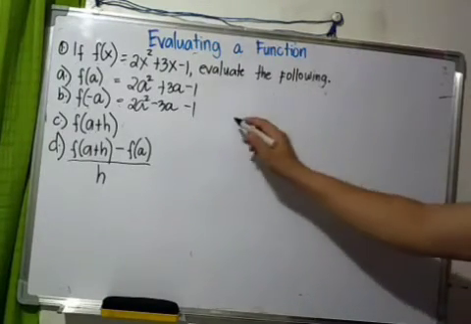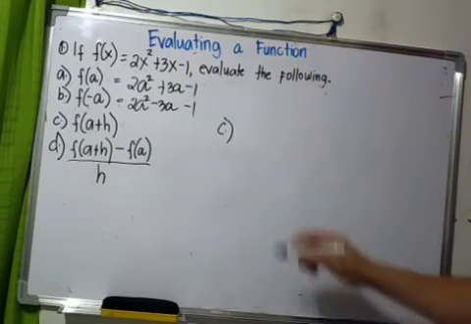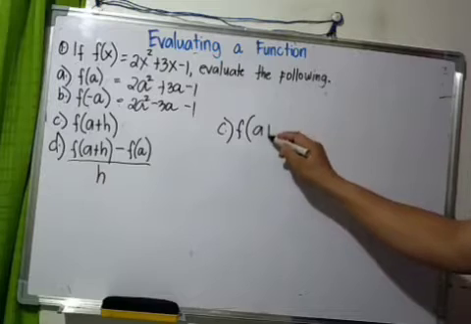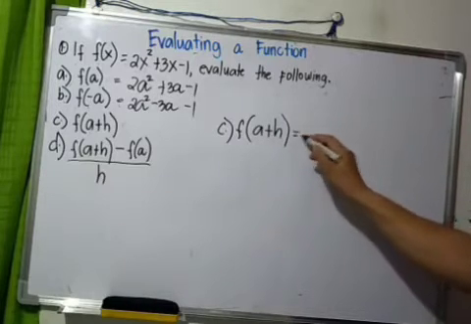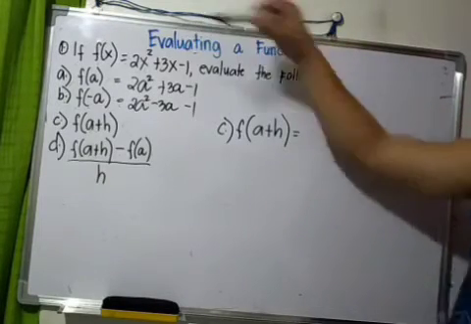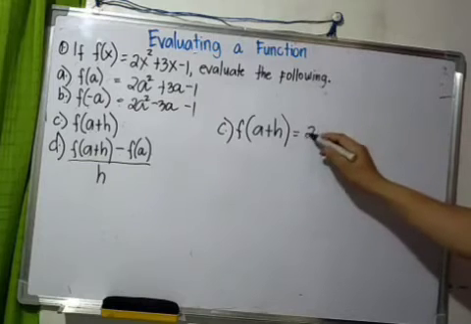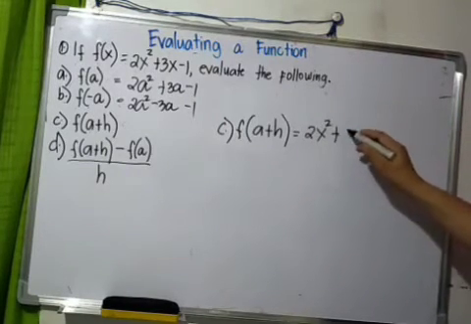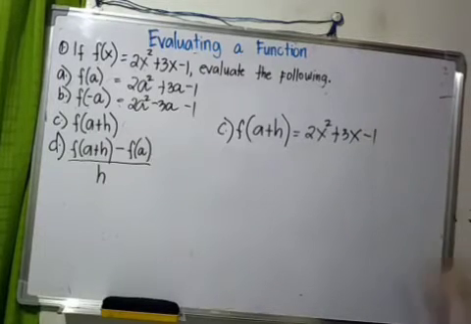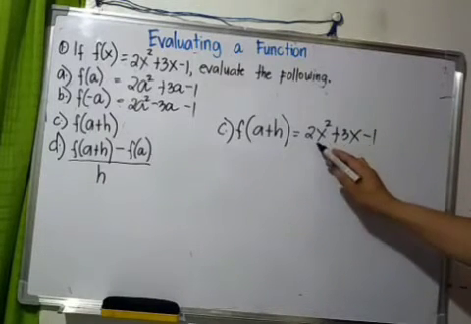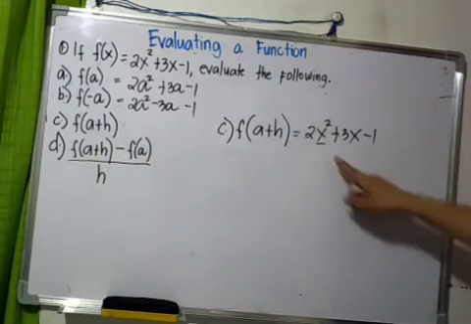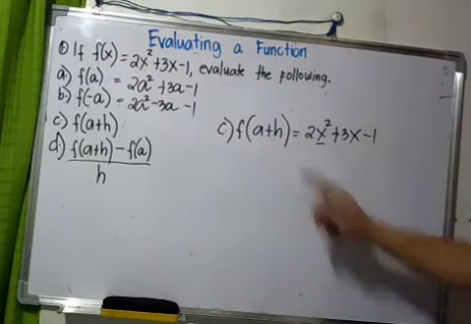So letter C, f of a plus h equals, value natin ng f of x, that is 2x squared plus 3x minus 1. Replace the variable x to a plus h. So si x magiging a plus h.